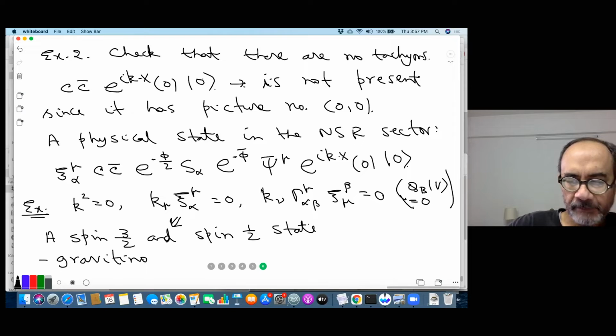And you can interpret this as some version of the Rarita-Schwinger equation in an appropriate gauge. So this is gravitino plus the dilatino, which is a superpartner of the dilaton. That's the interpretation of these states.